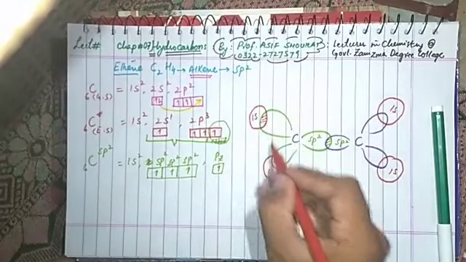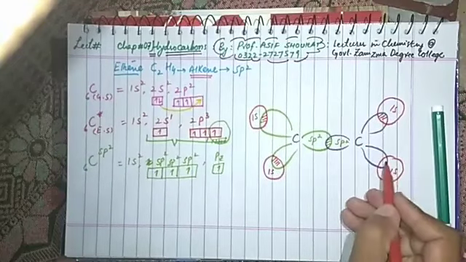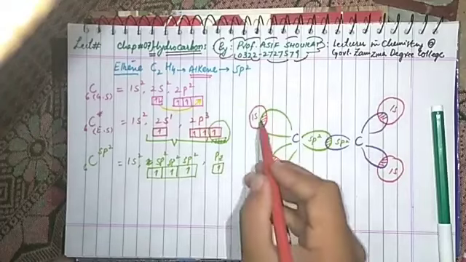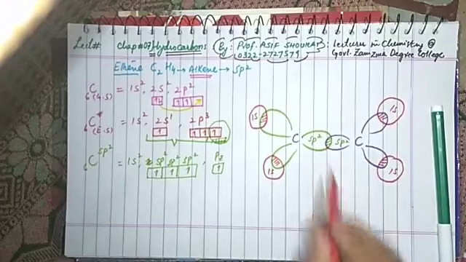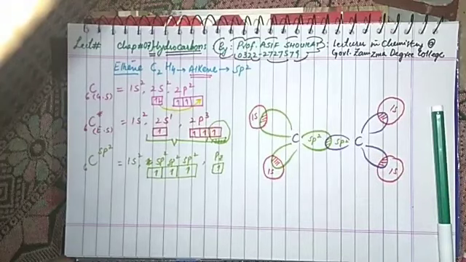Focus on this type of overlapping. These 4 overlappings are the same, that's why I used the same color. Sigma bonds are 4, and the sigma bond between carbons is the 5th. 4 are alike and the 5th one is different.